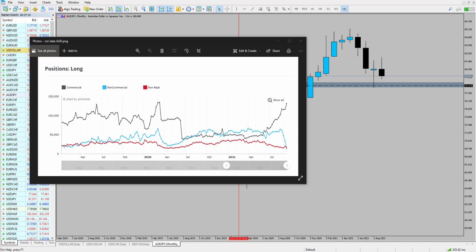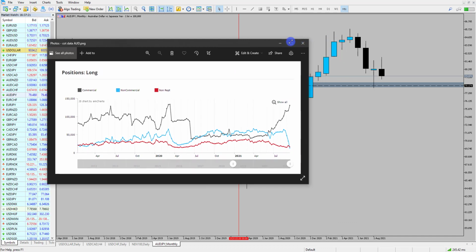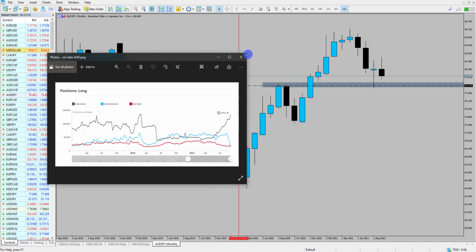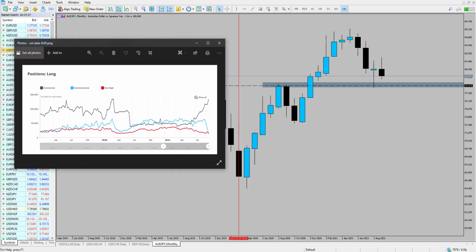However, the bigger picture is that we could actually be seeing a long-term move, and I know we've spoken about this in the past, but there's some confluences that I just wanted to add to this move. If I get this minimized so we can see the bigger picture on the right hand side, we can see here we have this uptrend that we talked about in the past on Aussie yen, and the fact that we've had this resistance around about 78.17.